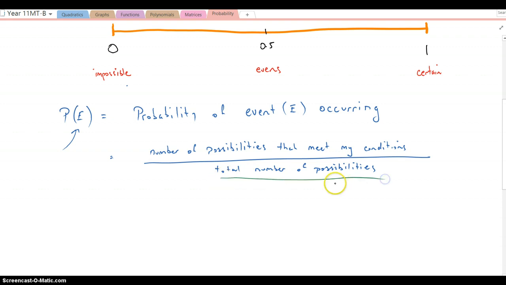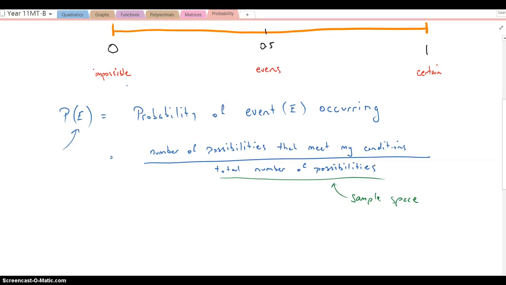Now, this total number of possibilities is also known as our sample space, and that's a term that we're going to use a lot. The sample space. Whenever we talk about sample space, we're talking about what are all the possibilities. If we know what all the possibilities are, if we know how many there are, we can then work out how many of those possibilities we're interested in or meet the conditions of the task, and then we can put it into this fraction, and we have our answer.